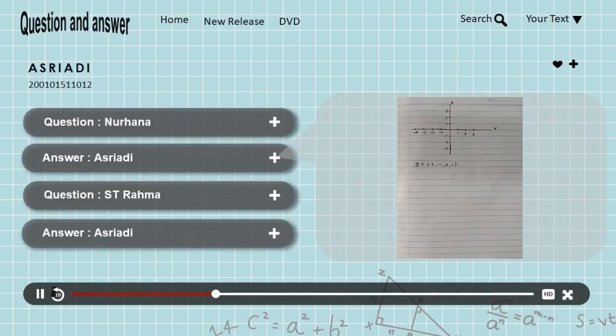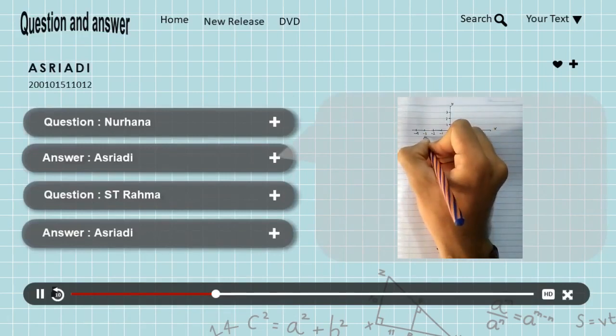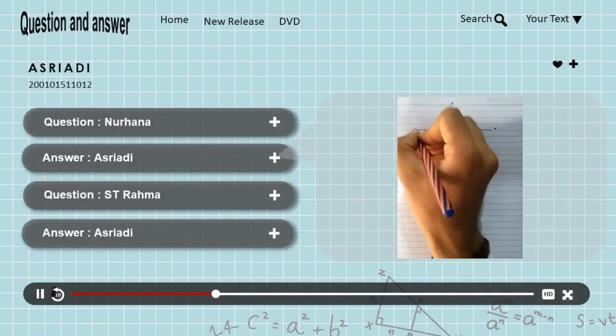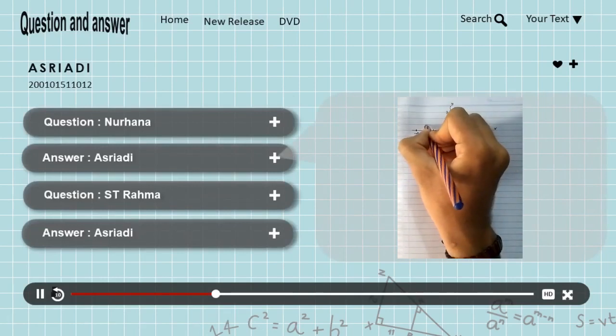Because if we limit the value of the domain, let's say y equals minus 2, minus 1, 0, and 1, then we will get an image like this: 0, minus 2, minus 3, minus 1, minus 4, 0, and minus 3, 1.